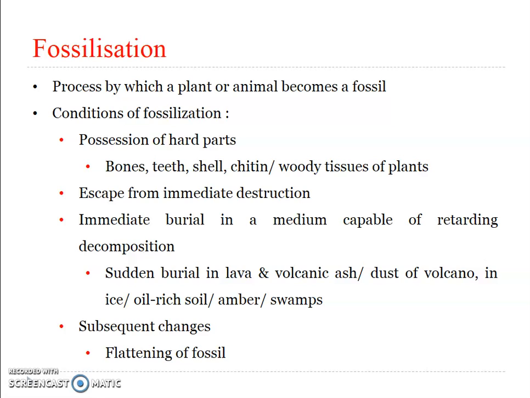Animals and plants are only preserved and fossilized when they are suddenly buried in a medium like water, lava, ice, or sand, preventing any decomposition process. As soon as an animal, plant, or any organism dies, its body decomposes sooner or later. Decomposition is usually caused by several agents.